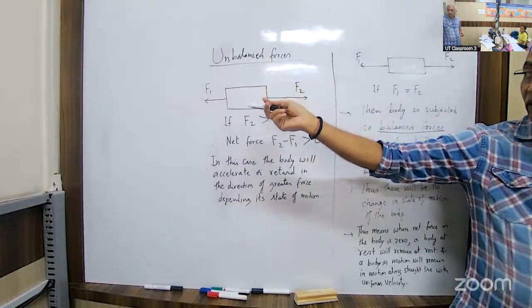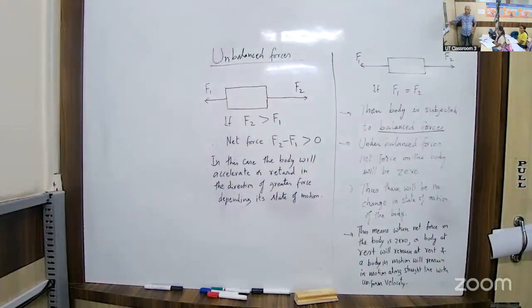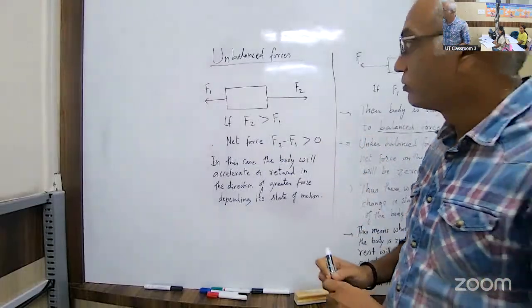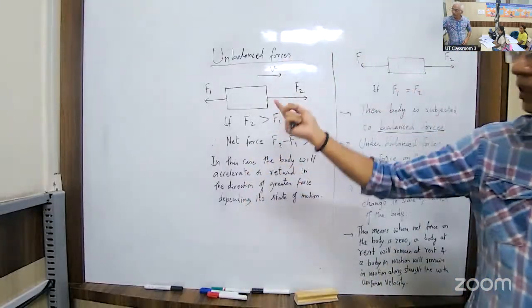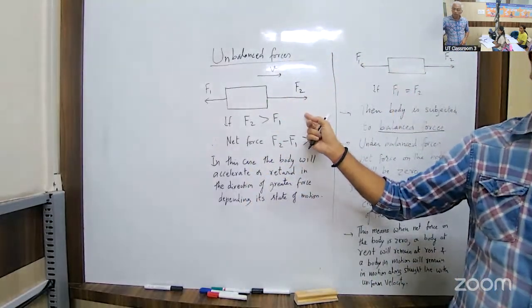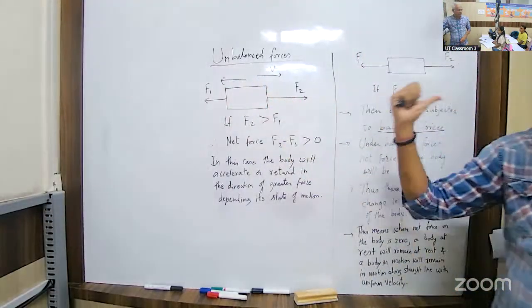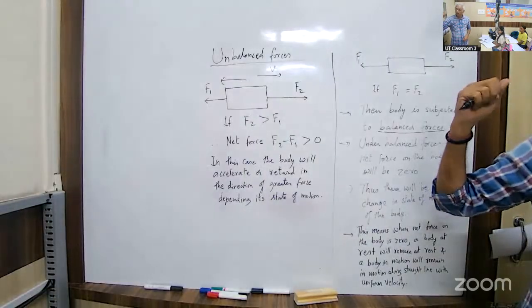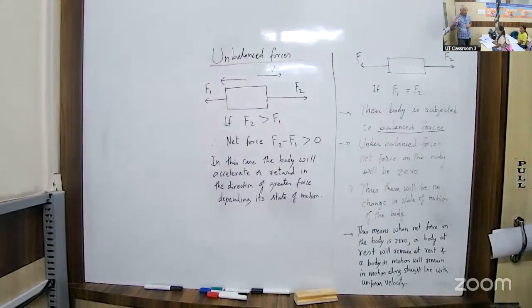So when will it retard? If initially the body was moving in this direction, then it will accelerate in this direction. If initially the body was moving here, then retardation will act in this direction, right? If it is at rest, then also it will accelerate in this direction. Three cases. Making sense?